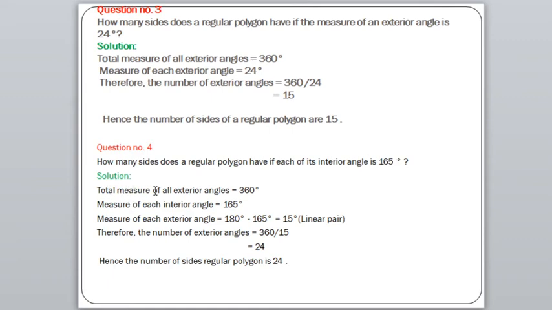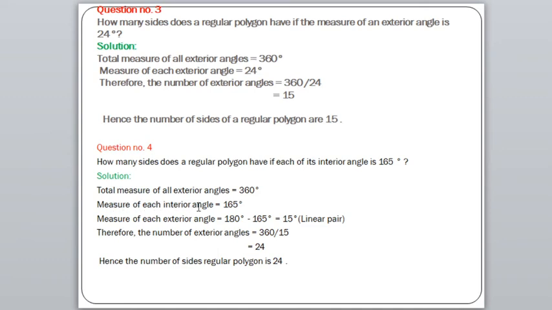The total measure of all exterior angles is 360 degree. The measure of each interior angle is given as 165 degree, but for finding the sides of a regular polygon we want the exterior angle. So by using this interior angle, first we will take out the exterior angle and then we will find out how many sides are present in that polygon.